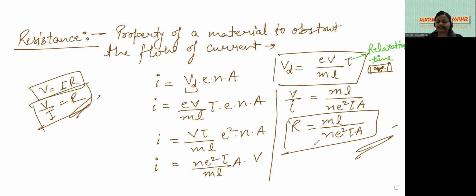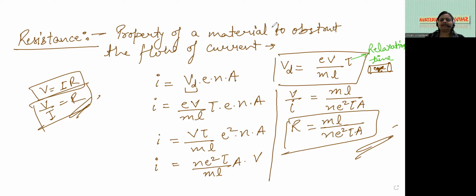On which factors does the resistance depend? Mass, length, number of electrons, tau, and area of cross section. Tau is the relaxation time. n is the number of electrons per unit volume, like the number of electrons in a circuit. And e is the charge of the electron. So this much is about resistance.